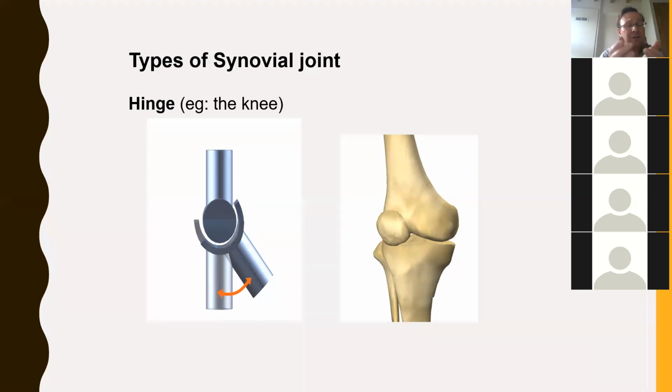So the knee has very strong ligaments supporting it and guiding the motion in that one direction, that flexion and extension. So we can see how disabling it is when those ligaments become broken or torn, because it means that the joint no longer has that support mechanism.